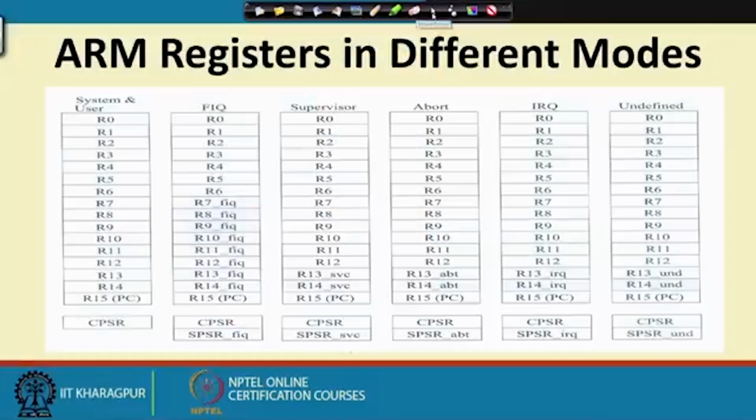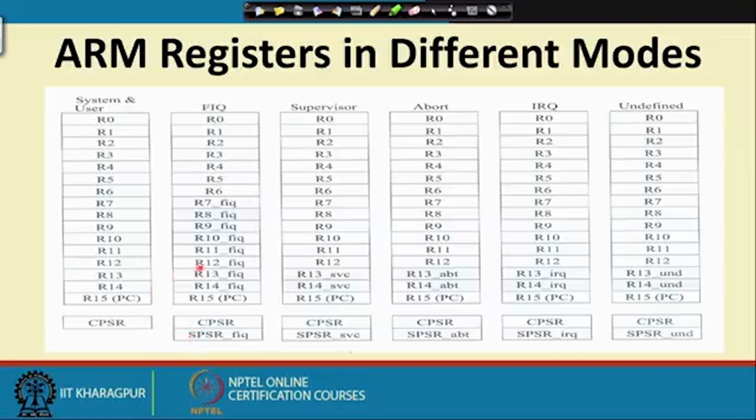Similarly, we have this supervisor mode, where only R13, R14 are new registers. Then abort mode has R13, R14 as new registers. IRQ also has R13, R14 as new registers, same for undefined. Apart from that, every mode has the CPSR register, and there is a corresponding SPSR register, which is the saved program status register.